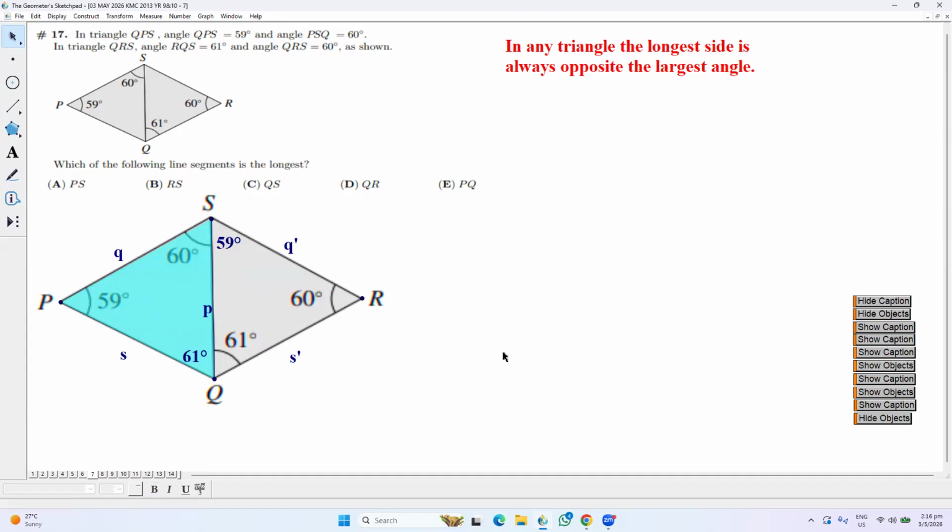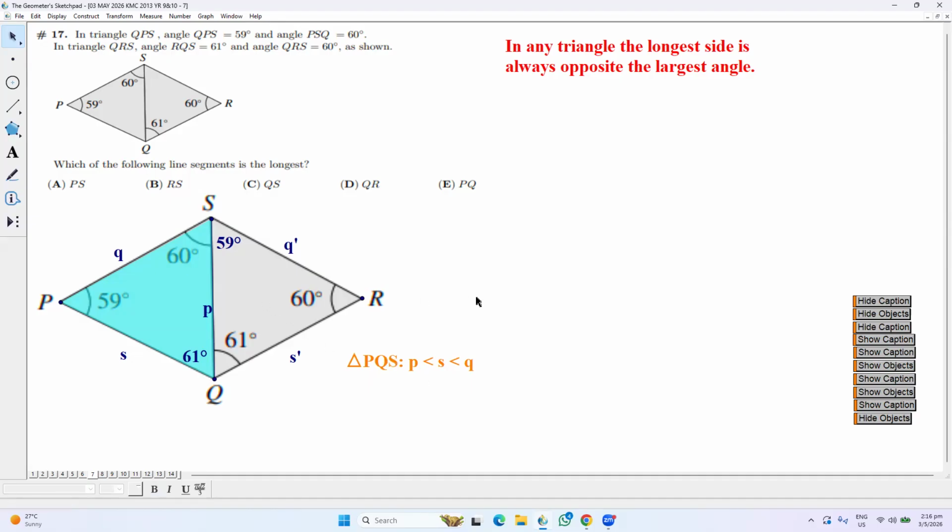From here, and the principle that the longest side is always opposite the largest angle, we write P less than S less than Q, because Q is opposite 61, the biggest angle. P is opposite 59, the smallest angle.